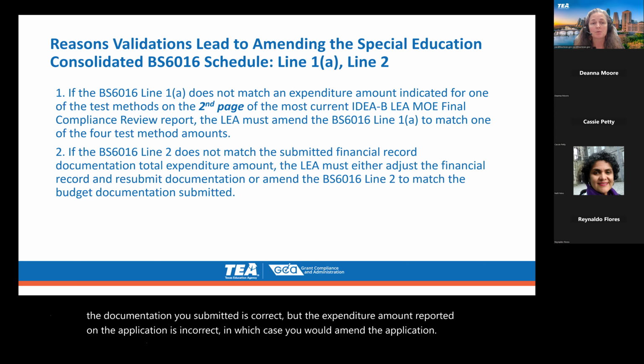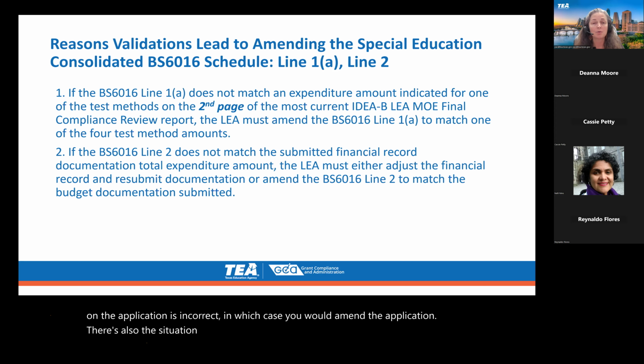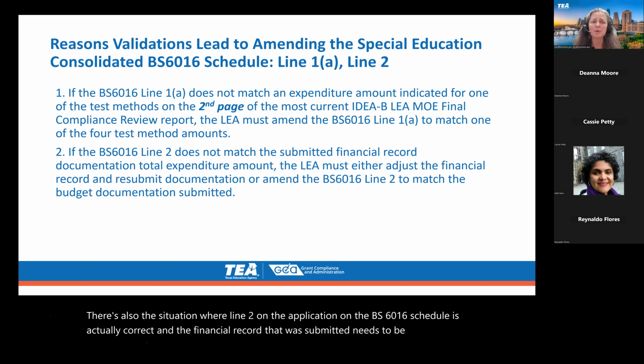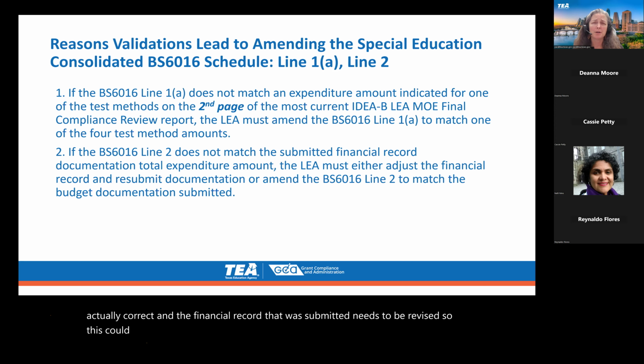There's also the situation where line 2 on the application on the BS 6016 schedule is actually correct, and the financial record that was submitted needs to be revised. So this could be a scenario where either the application is amended or you have a resubmission of documentation so that you create that alignment in what's being reported.